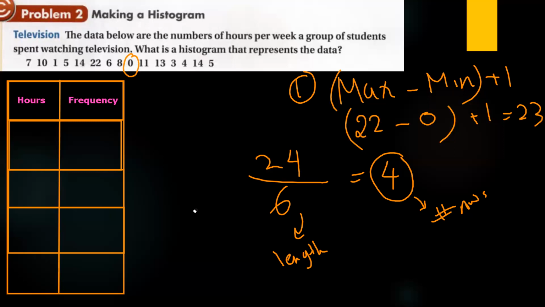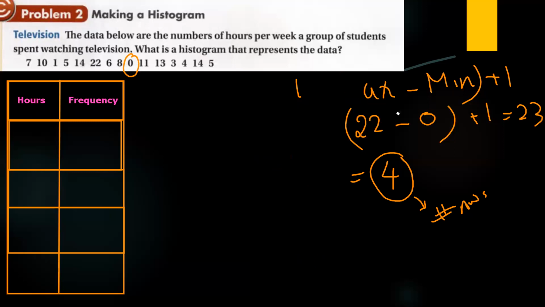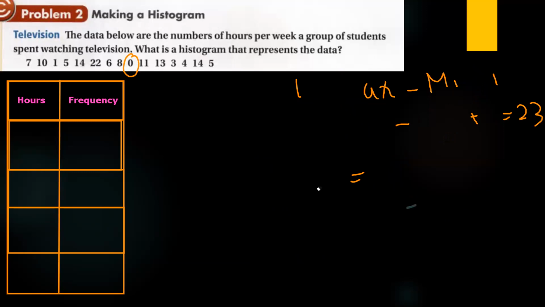So we have to go step by step. We said that the minimum number is 0, so that means you have to start from 0.